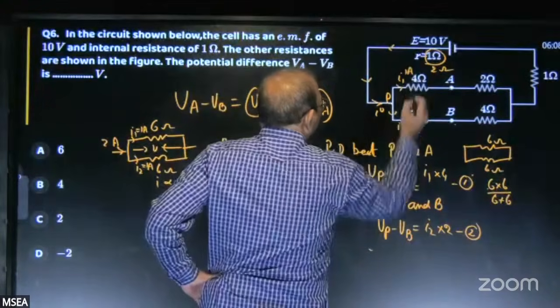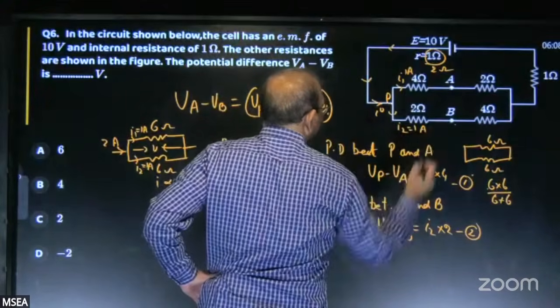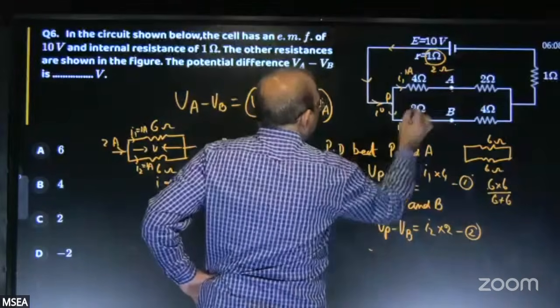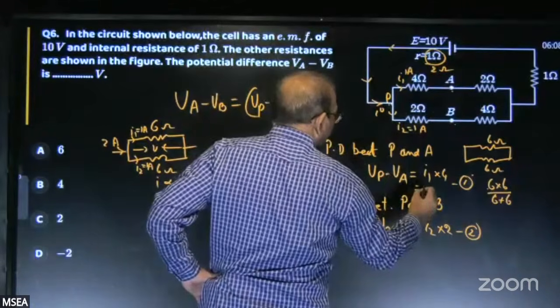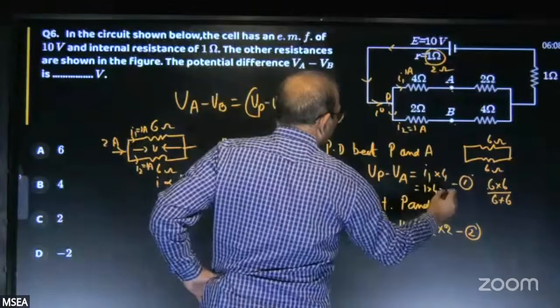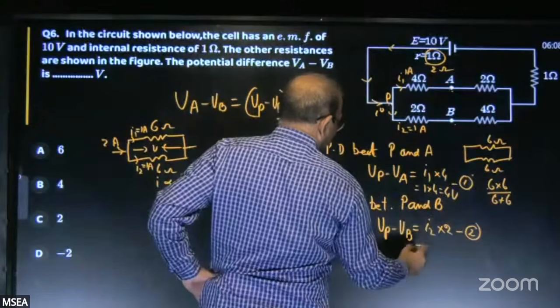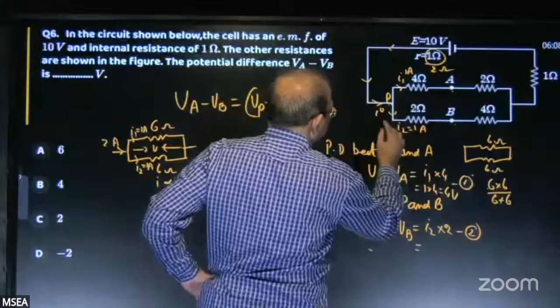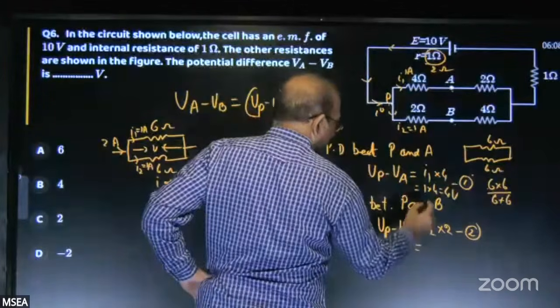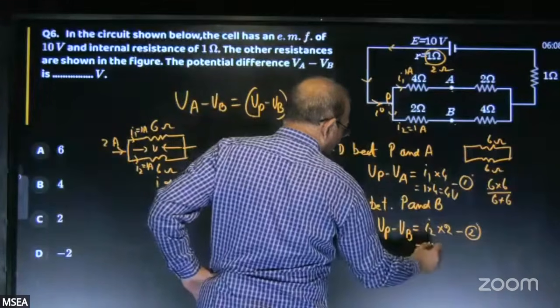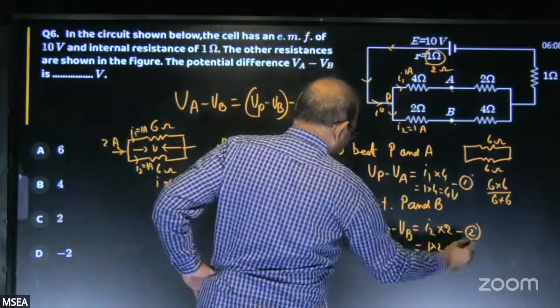So what is this I1? 1 ampere. What is this I2? 1 ampere. Then what is the potential difference between P and A? 1 into 4, 4 volt. What is the potential difference between P and B? I2 is 1, 1 into 2, 2 volt.